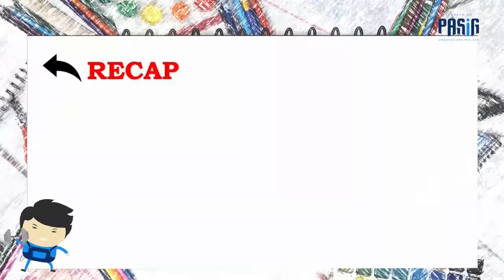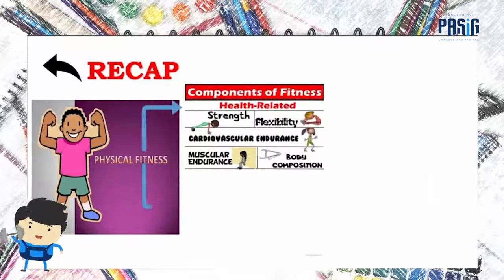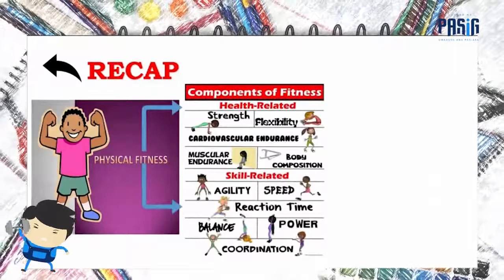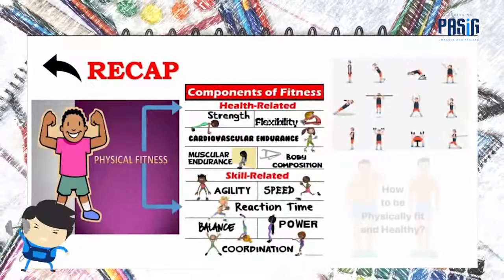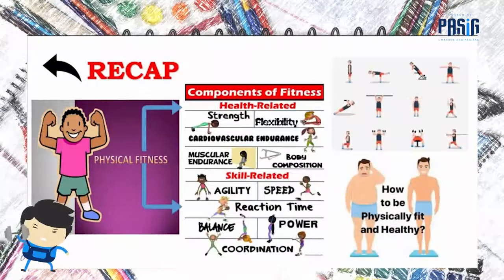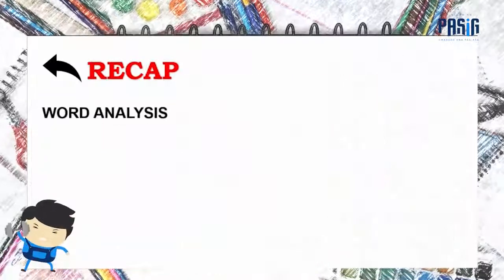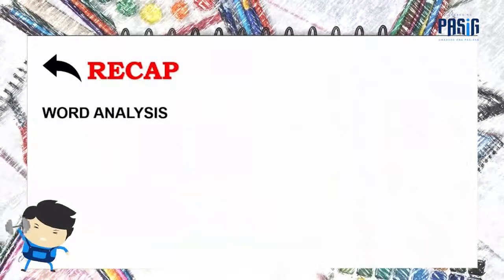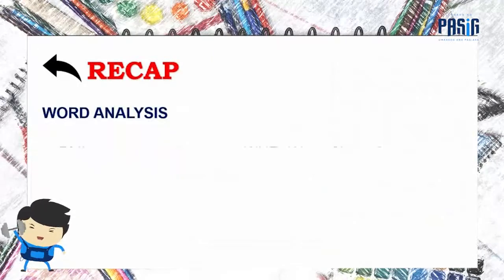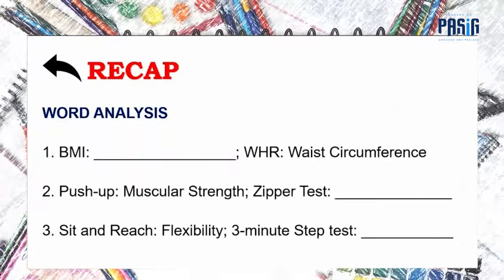Last quarter you learned all about physical fitness and its two types, the health-related and skill-related fitness. You also performed the different health-related fitness and assessed yourself whether you are physically fit or still need a proper exercise to be fit. Try to answer this word analysis, for you to recall some different activities you have done in your previous lesson. Fill in the blank by appropriate components of health-related fitness, to complete each statement.